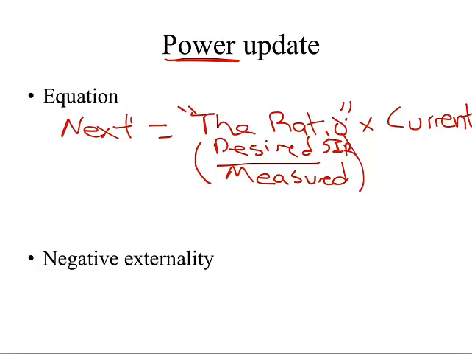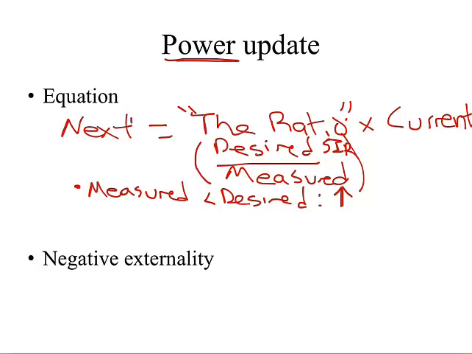And so this update for DPC is pretty logical, because, for instance, if you notice, if the measured is less than the desired, then that means that this ratio is going to be greater than 1, which means the power level is going to go up, right?